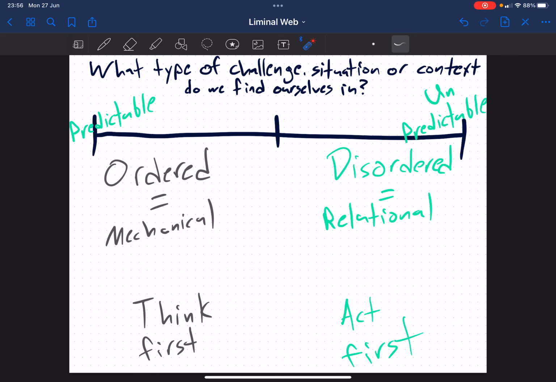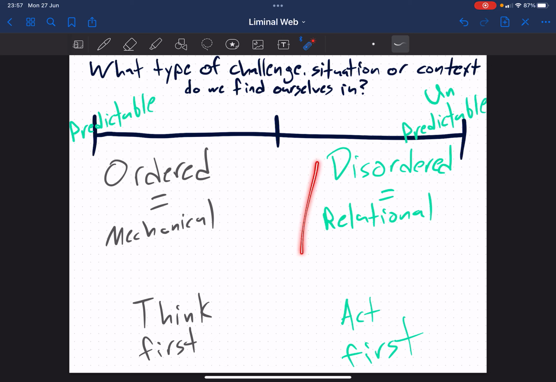A classic example of mechanical type of thinking is literal clockwork. Thinking about an automobile, a vehicle, some form of engine. Take one part out, put in a new part, go faster, for example.